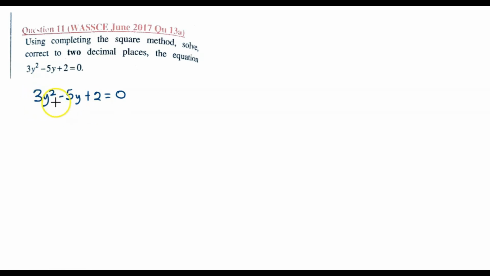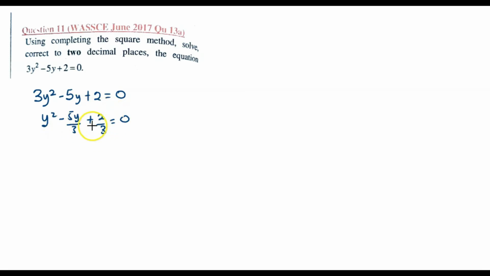So we need to divide both sides through by 3. Each term will be affected by 3, so you get y squared minus 5y on 3 plus 2 on 3 equal to 0, because when you divide 0 by 3, you end up getting 0.